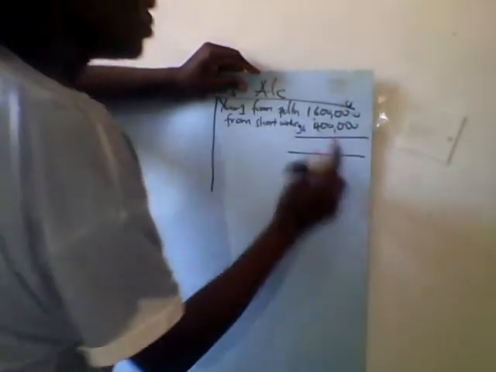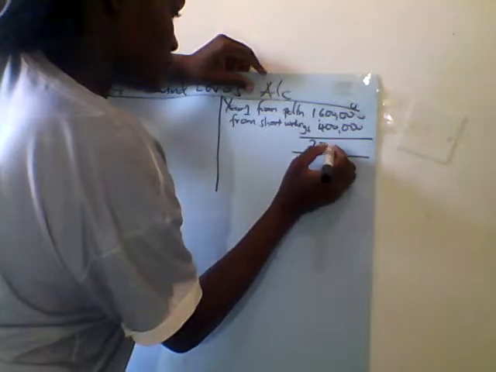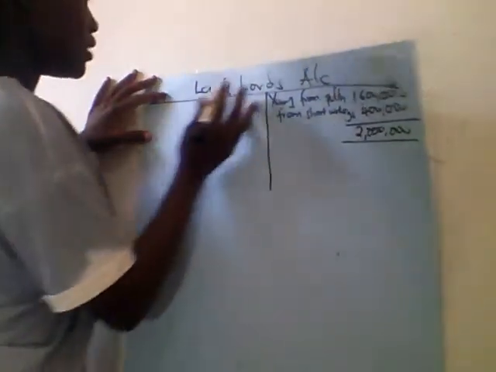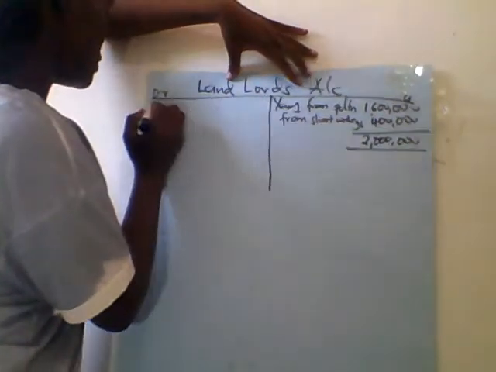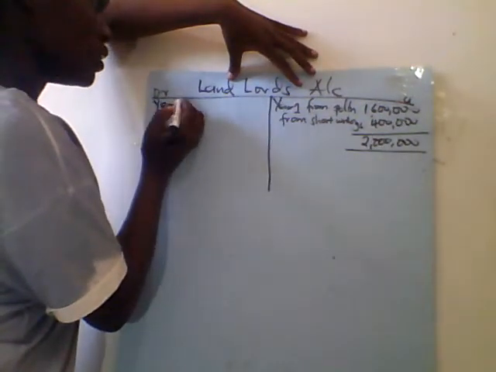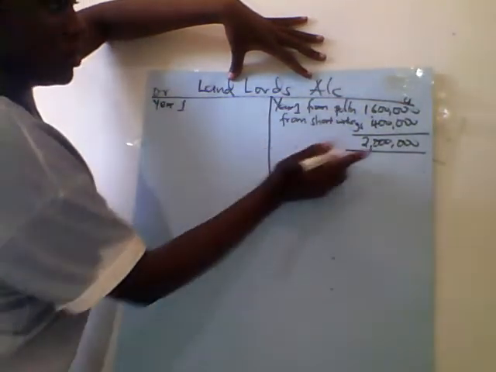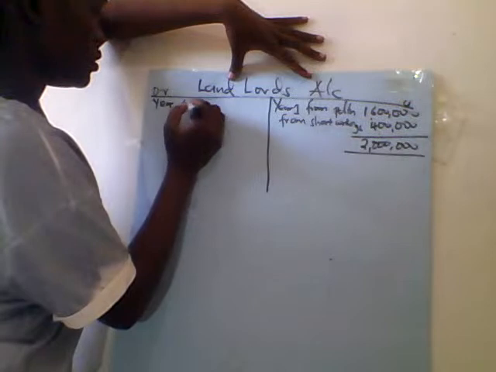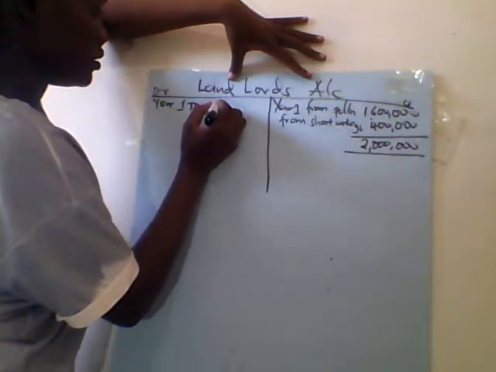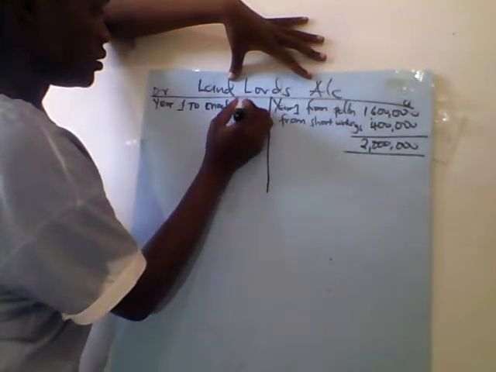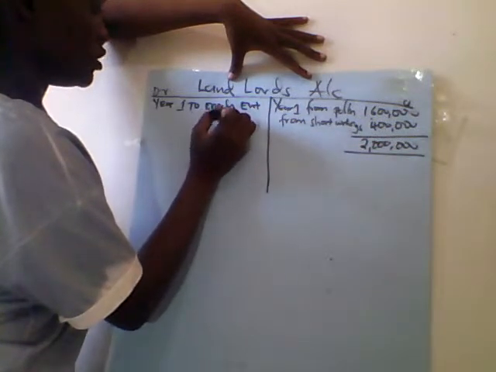Then on the credit side you write year 1, this, the total to Enoch, which is 2 million.